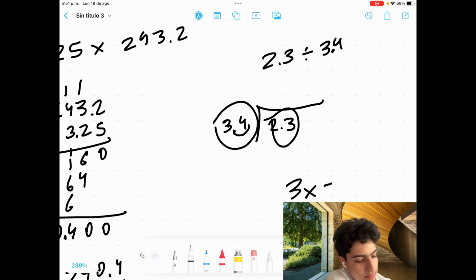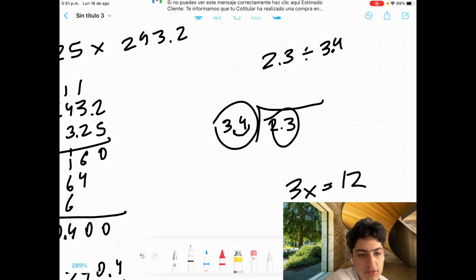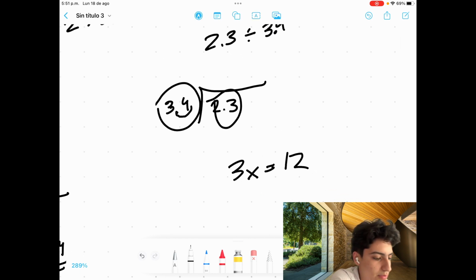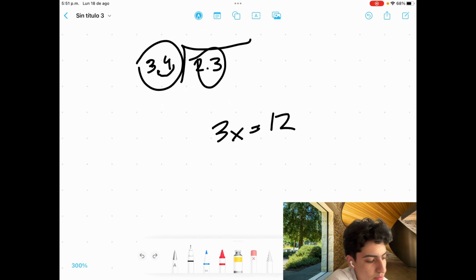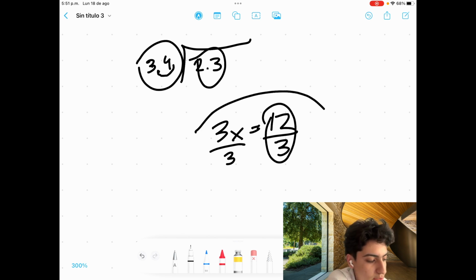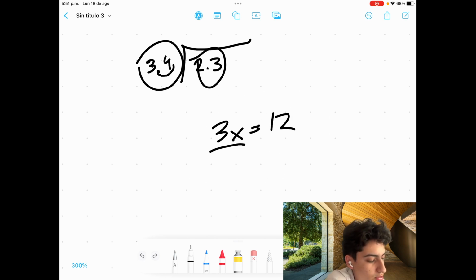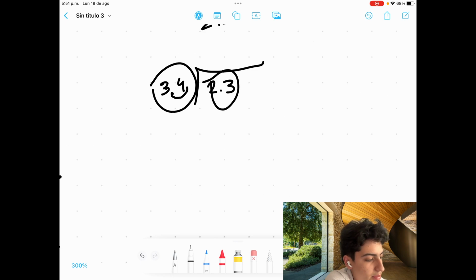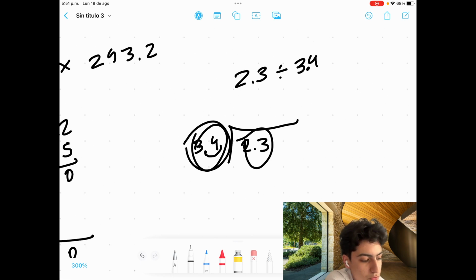For example, when you do something like this, it's very similar. Here you need to keep this equation balanced. So in this case, since it's multiplying, you divide, and you do the same thing here in order for this whole thing to stay balanced. So it's a similar analogy. What you do here, you do also here.